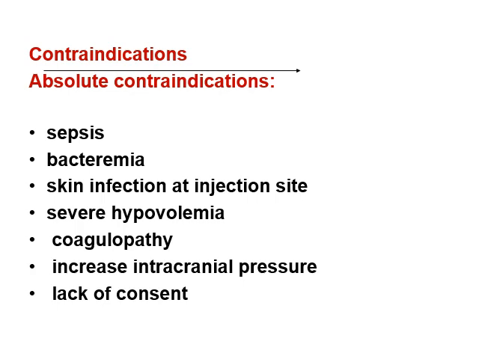What are the contraindications for spinal anesthesia? We can divide contraindications for spinal anesthesia into absolute contraindications and relative contraindications. Absolute contraindications include sepsis, bacteremia, skin infection at the site of injection, severe hypovolemia, coagulopathy, increased intracranial pressure, and lack of patient consent. Some patients refuse spinal anesthesia due to anxiety.